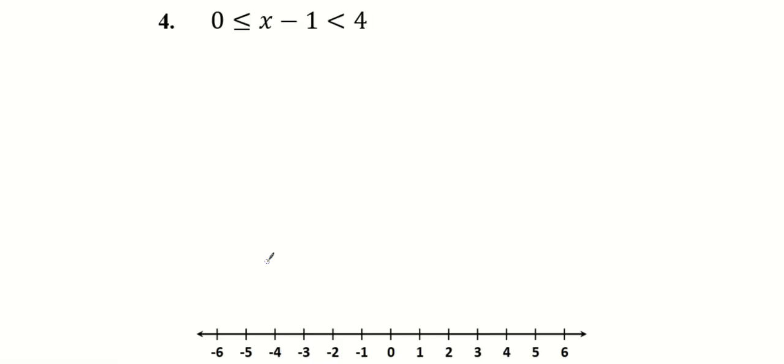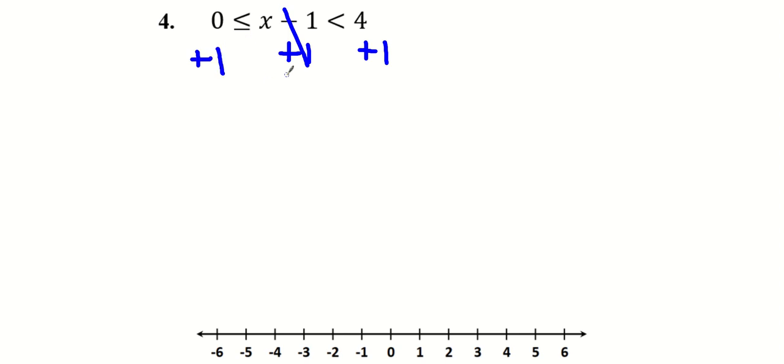The last one. Okay, so once again, these are like 2 inequalities smooshed together. I could separate them into 0 is less than or equal to x minus 1, right here. And the other one, again double dipping on the entire middle, x minus 1 is less than 4. And then the word that would connect them is and. But I can just get x by itself in the middle.